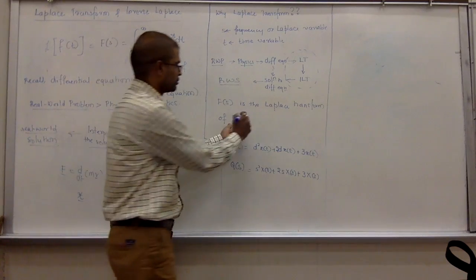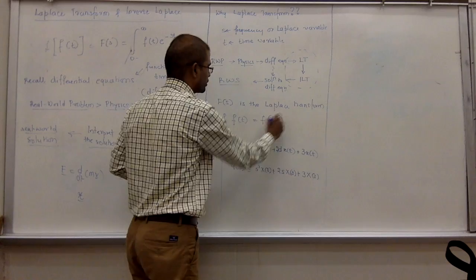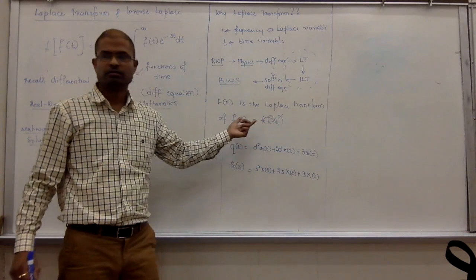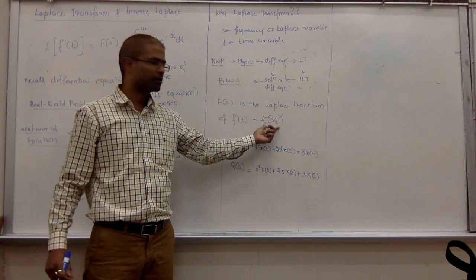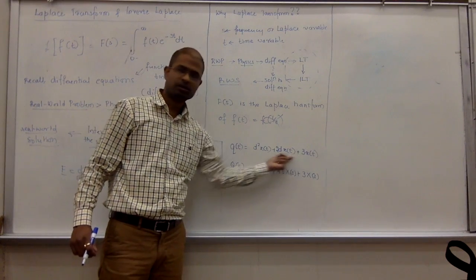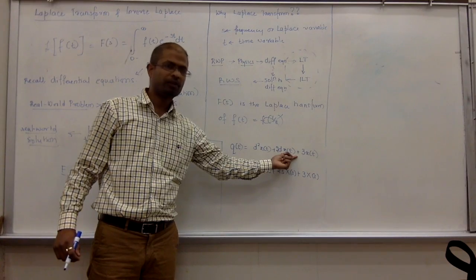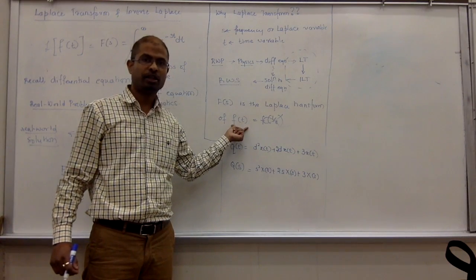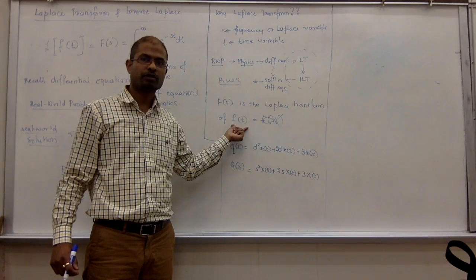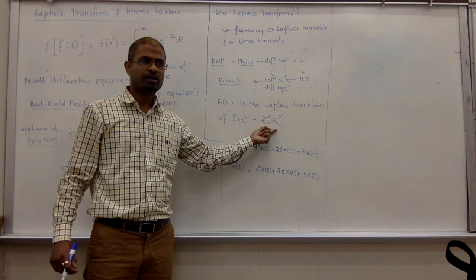You cannot do that, because again, this is a notation for a function. This mathematically means something. This mathematically doesn't mean anything. It's just a notation for a function of time. If you do this, it doesn't make sense.